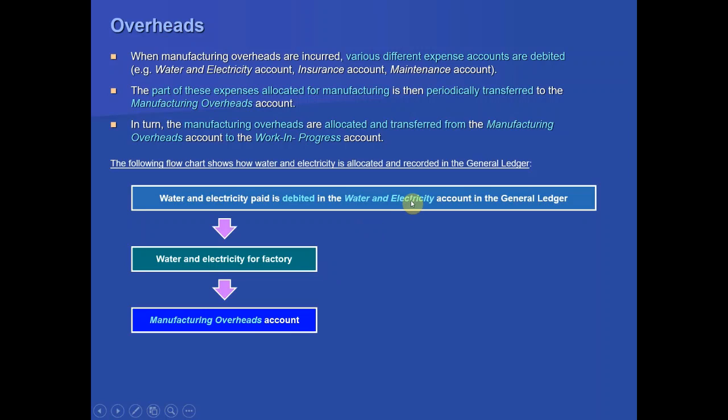So we would credit water and electricity to get rid of that portion and debit therefore manufacturing overheads account. And then in our manufacturing overhead account that now has debits, they will now sit as indicated, many different manufacturing overheads on the debit side. We will get rid of them by crediting manufacturing overheads and debiting work in progress account.